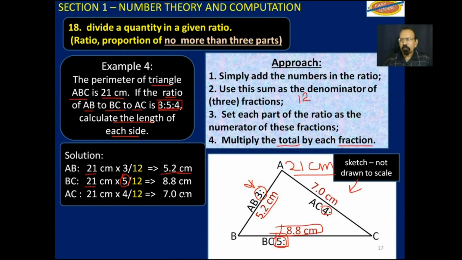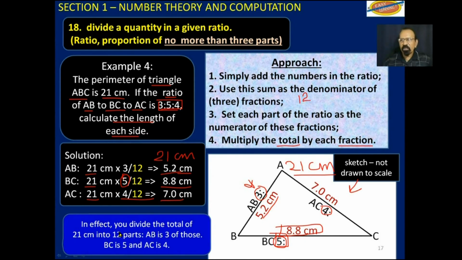And finally, AC would be 21 multiplied by 4/12, and that will give us 7 exactly centimeters. If you add all of those, you will get back 21 centimeters. So in effect, you divide a total of 21 centimeters by 12 parts. AB is 3 of those parts, BC is 5 of those parts, and AC is 4 of those parts.